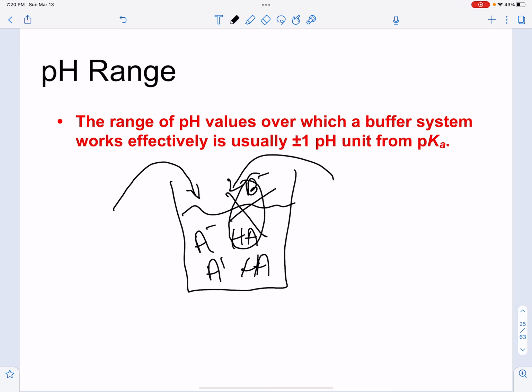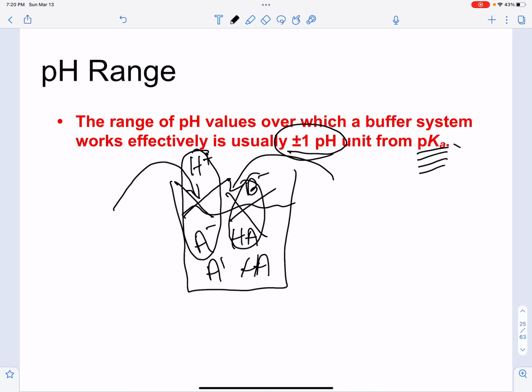Every time you add acid to it, the acid reacts with the conjugate base and they get neutralized, so the pH doesn't change. So for how long can that be done? Well, that can be done only around plus or minus 1 pH of the pKa.